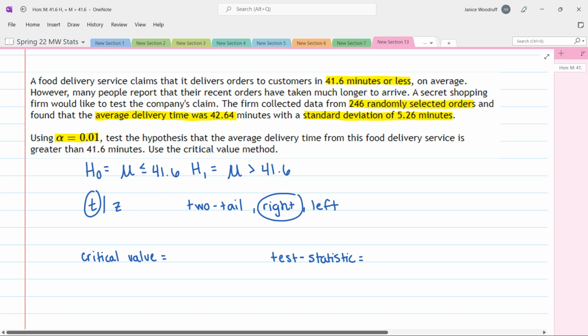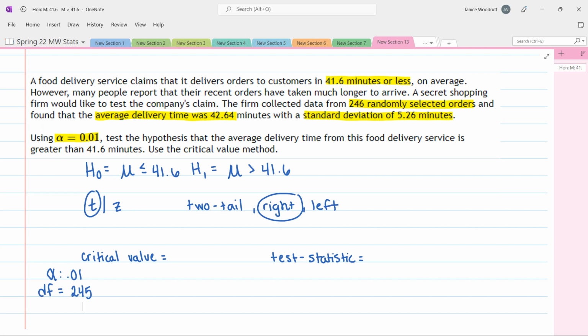Okay, so we have a significance level of 1%, so we're going to have alpha of 1% with a degrees of freedom. Let's see, what's our degrees of freedom? 245. Yeah. All right, so that's just going to be on the chart, the infinity. Let's see what the infinity gives us.